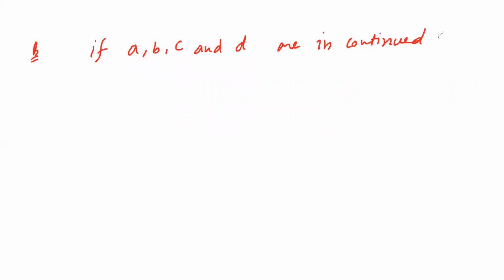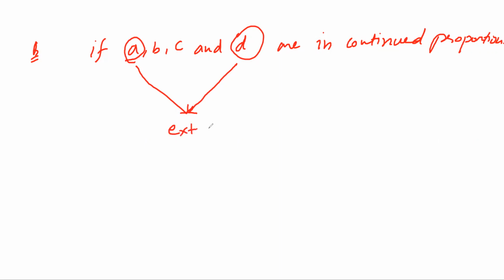Let's take one more example. Now, if A, B, C, and D are in continued proportion, then A and D are called extremes, and B and C are called mean terms. They both are called mean terms. Is it clear? A and D are called extremes, and B and C are called mean terms.